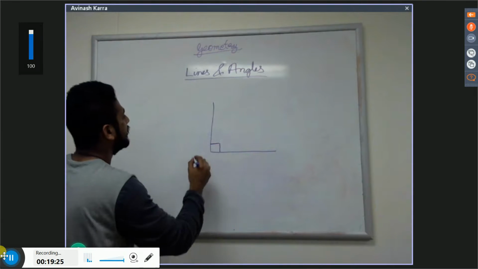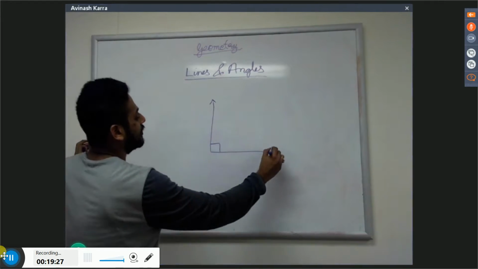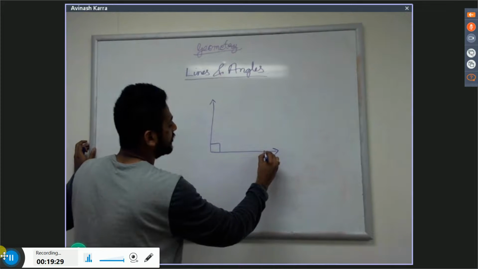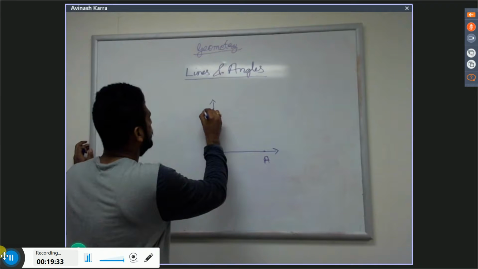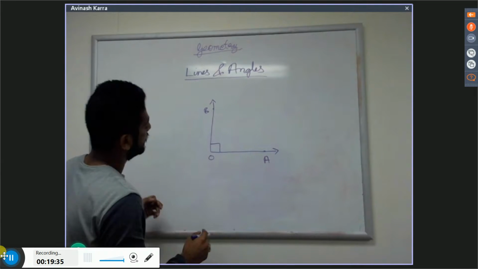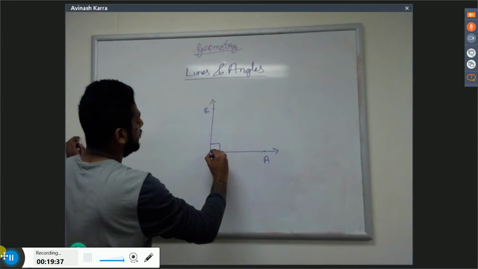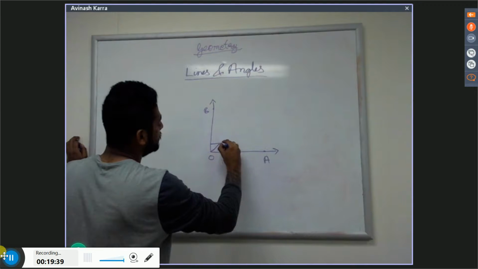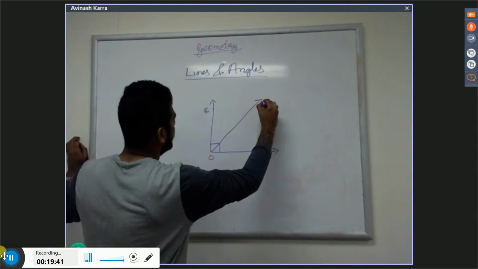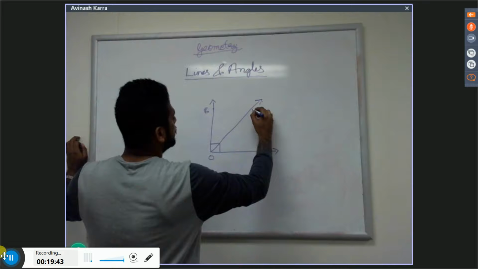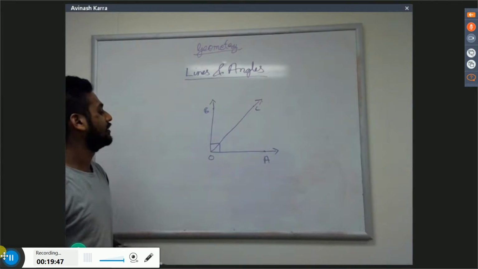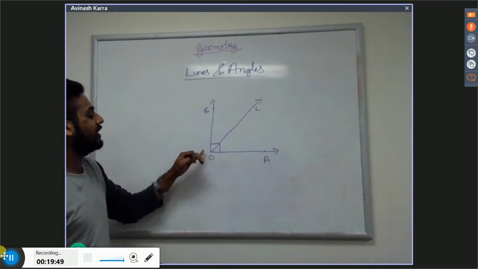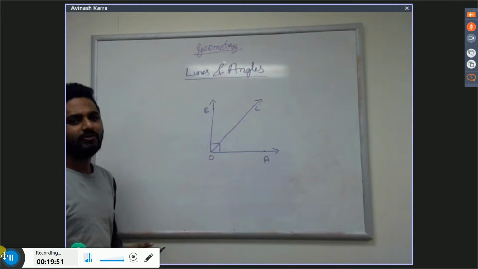If there is a right angle, A, O, B, and if there is something called an angle bisector, OC, OC is an angle bisector.